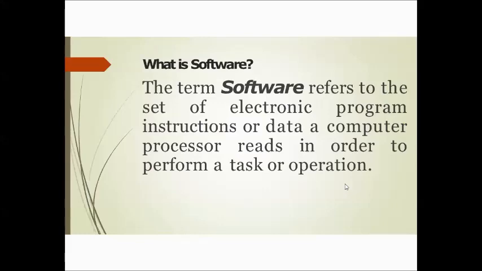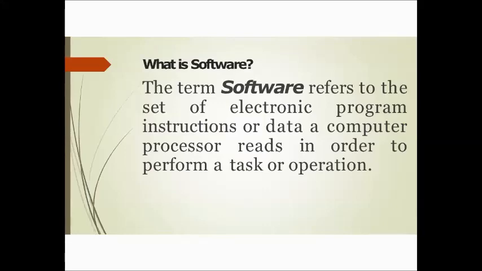So there are two main types of software. The first one is the application software. The second is the system software. For the first type, application software, or simply application, is often called a productivity program or an end user program.